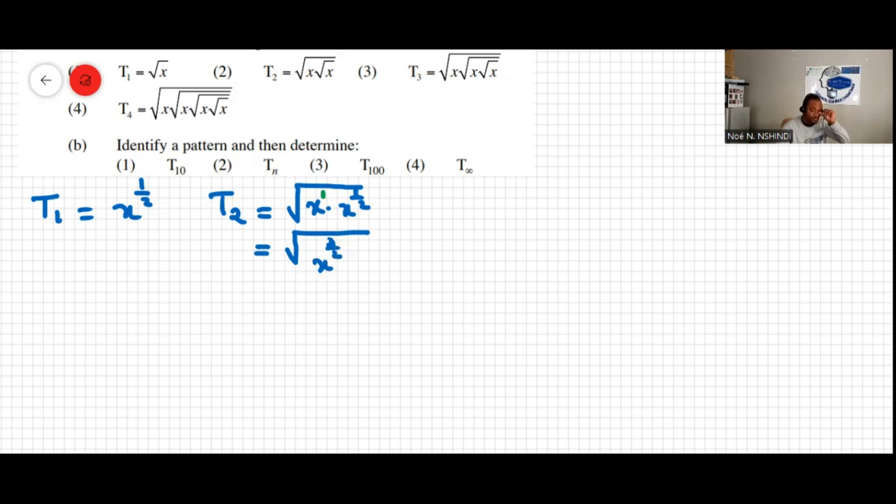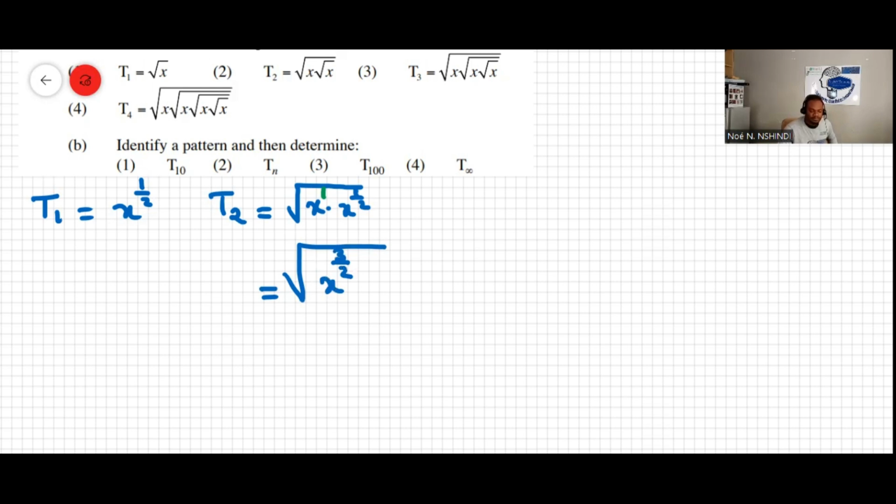I guess it's visible. If it's not, let me make it a little bit bigger. I was saying there is an invisible one here, and then this will be square root of, we add the exponents, okay? It's going to be x to the power of 3 over 2.